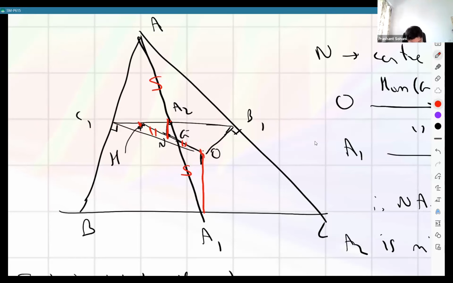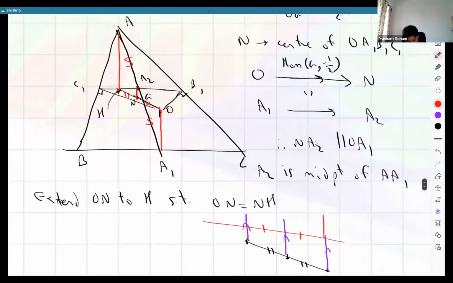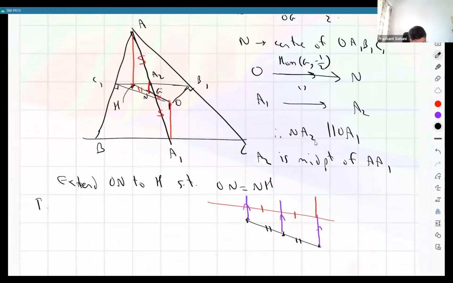Do you see that we are going to be forced to conclude that AH is also parallel to this OA1? Okay. So I'll skip the details here, but I hope you can work it out.